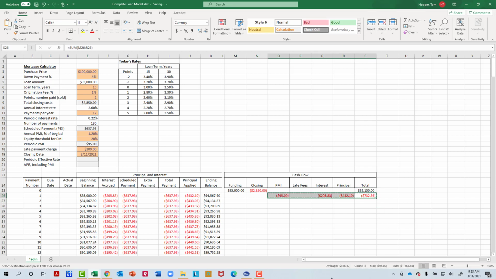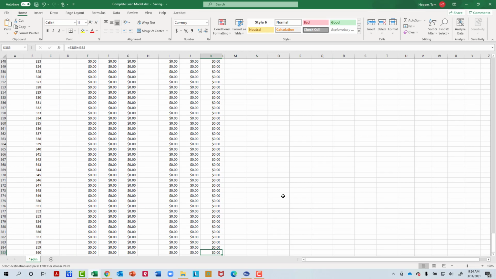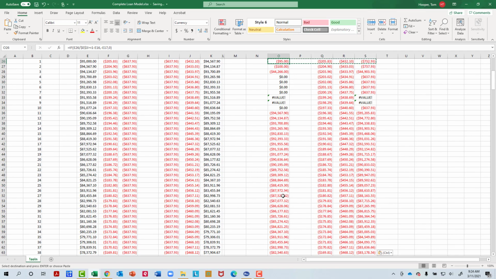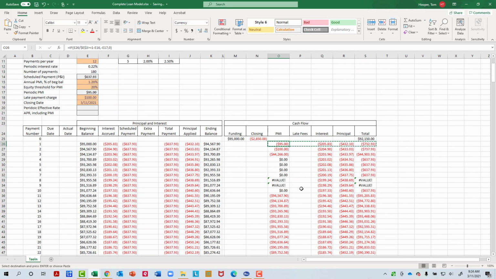I'm going to paste them in column O all the way down through the 360th payment. So Control left, Control down, column O, Control Shift up, paste. If I go back up, looks like I left out an absolute reference. Let's see where I did.